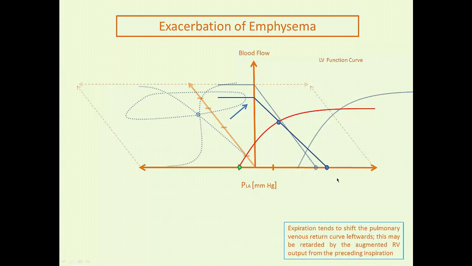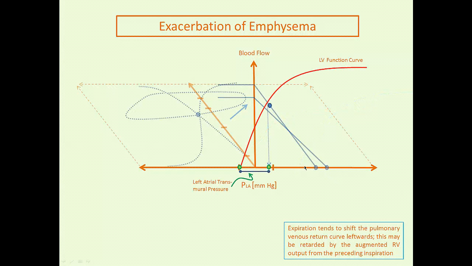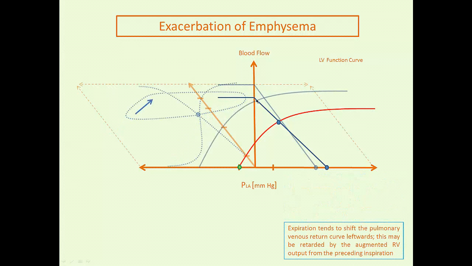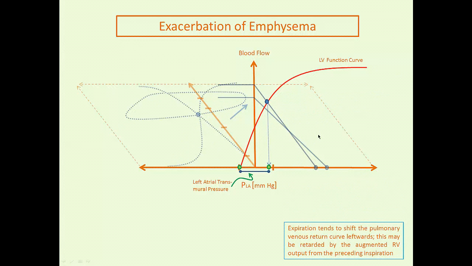And then on expiration, again, the ghost of the right heart we saw shifts to the right like this. You decrease right ventricular volume. You also tend to lower afterload as you increase intrathoracic pressure. And as lung volume decreases, you'd have less of a compressive effect on the left ventricle, and therefore you may regain a normal-ish left ventricular cardiac function curve.